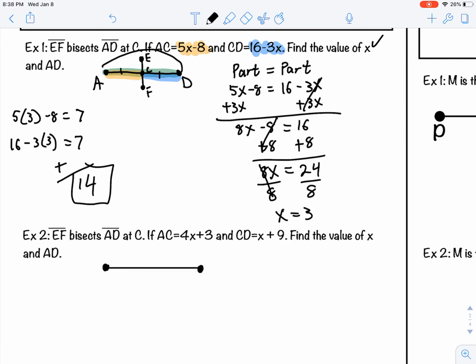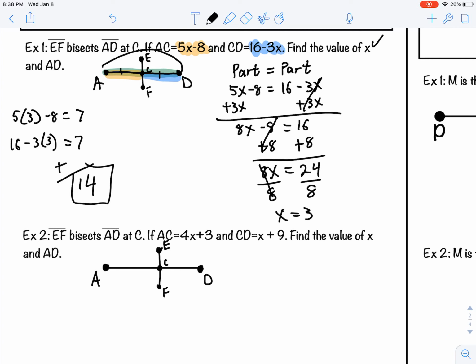So who's getting cut? Frog comes second in the sentence. So EF bisects AD. So AD is my segment that I have here. All right, and then we know that EF is doing the cutting. And they intersect at point C.